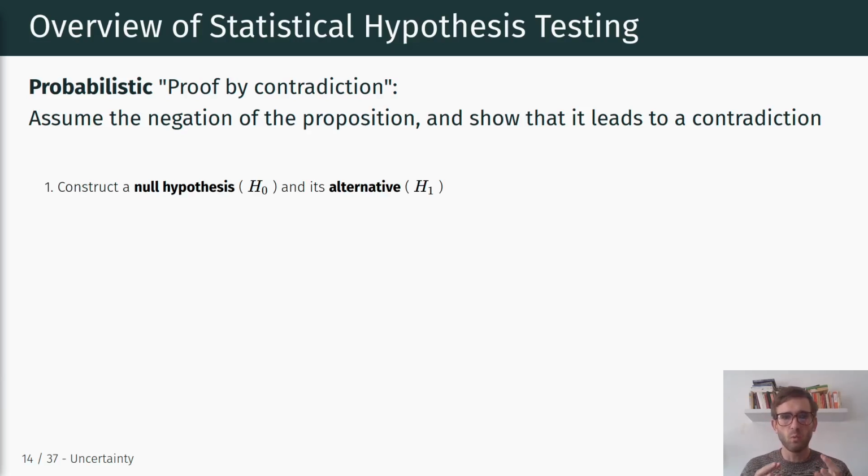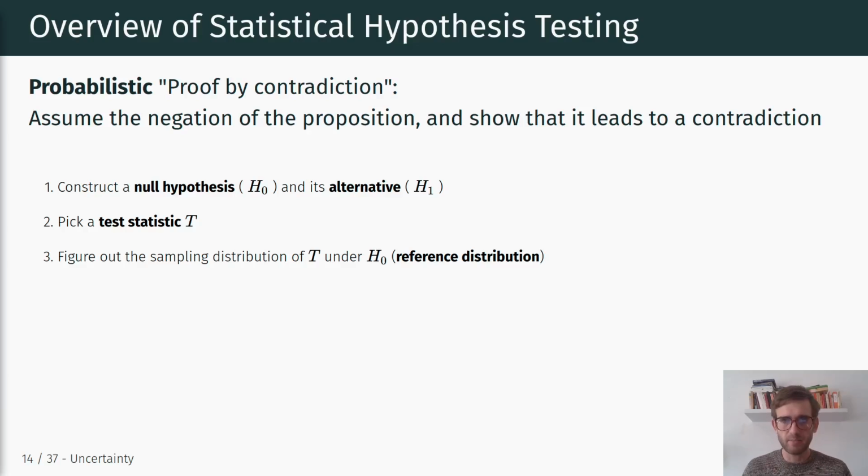So what this always involves is we construct what is called a null hypothesis, and this is this assumption, this hypothesis that we assume to be true for the data generating processes, as well as an alternative, which is sometimes called H1 or HA, but it's the alternative hypothesis to the null hypothesis. Okay, then we pick a test statistic T, and this is a statistic that we compute based on our sample.